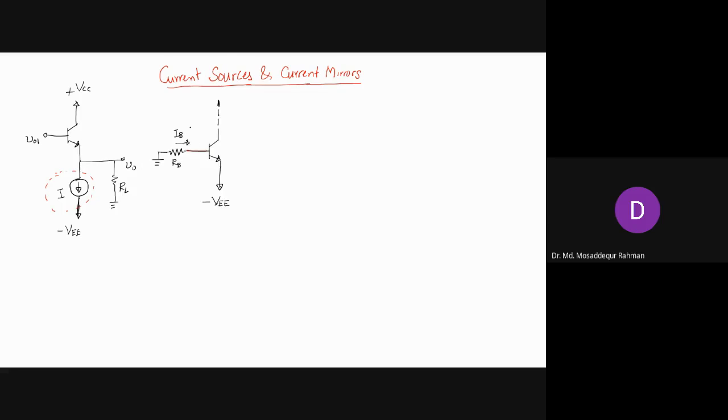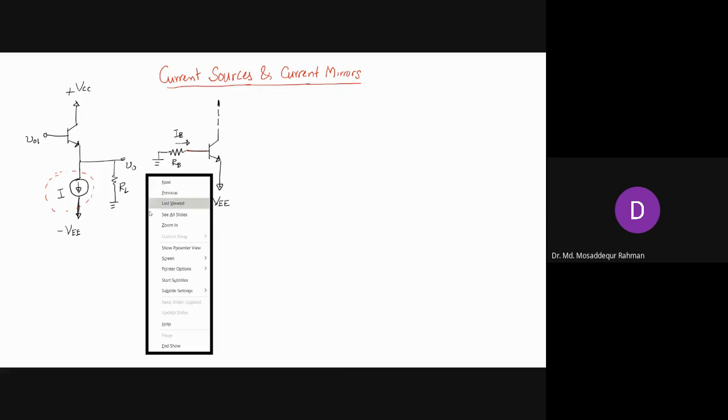The circuit here will work as a current source, and this is connected here. This is our current source, the whole circuit.